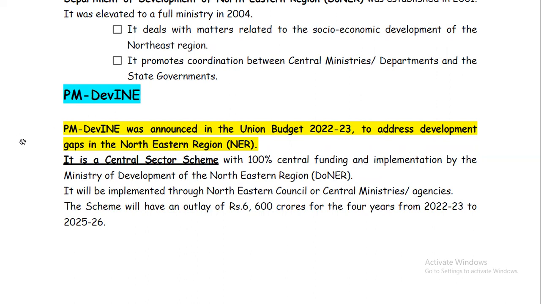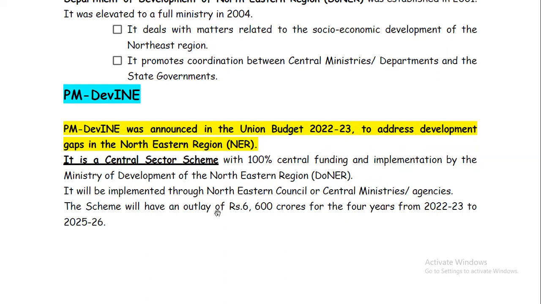Now, this PM-DevINE is a central sector scheme. And what do we mean by central sector scheme? Central sector scheme means 100% central funding and implementation by the Ministry of Development of Northeastern Region. It means DONER is the ministry which is taking care of the implementation of this central sector scheme, PM-DevINE. Remember, announced in the Union Budget 2022-23.